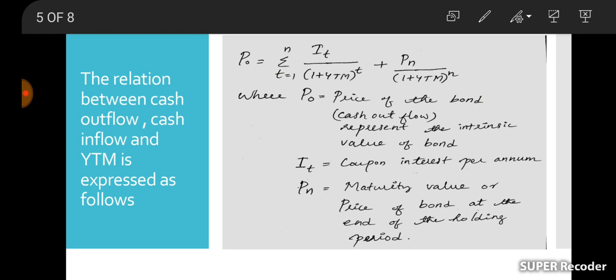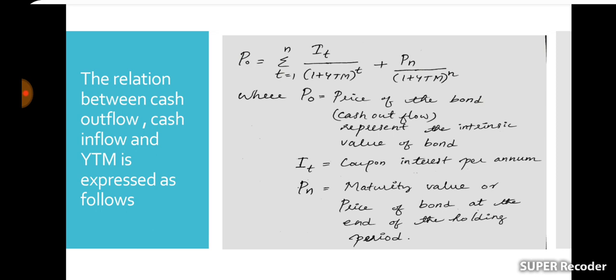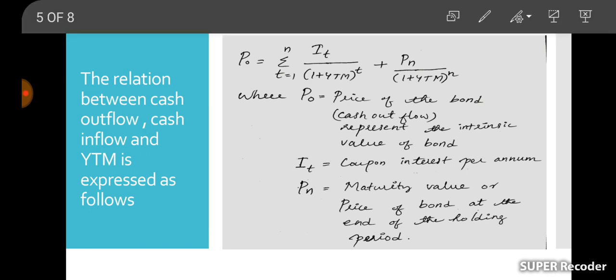So if the market price of the bond as well as the cash inflows are given, we can assume the YTM and calculate the present value of cash inflows, and then we will get the cash outflow, that is the market price of the bond.